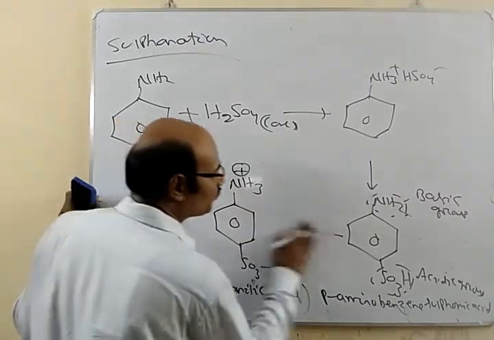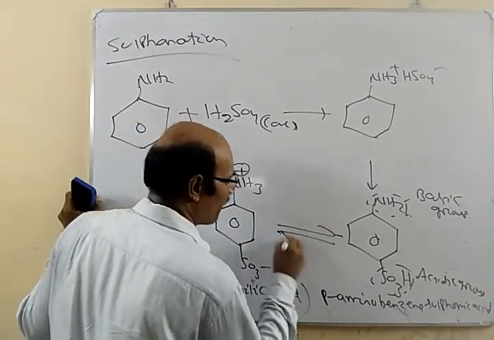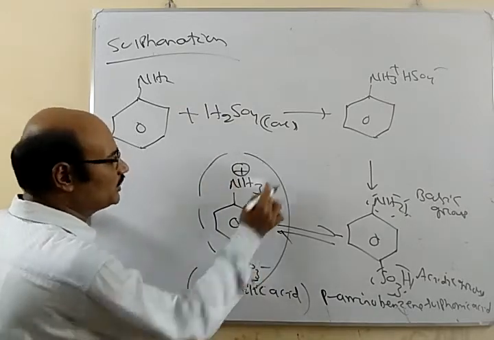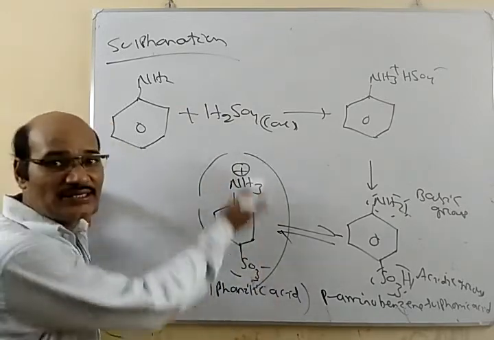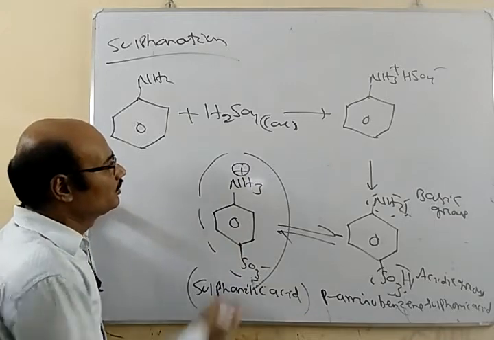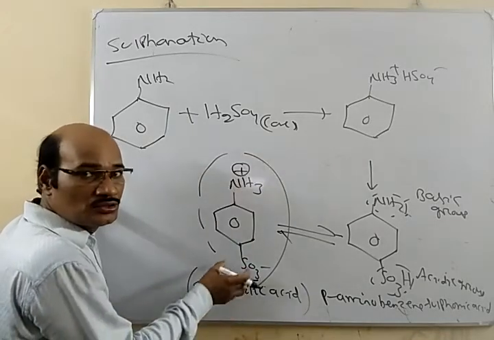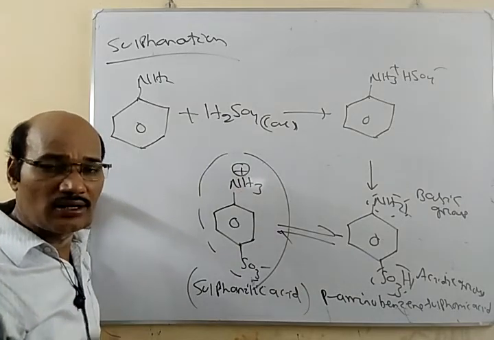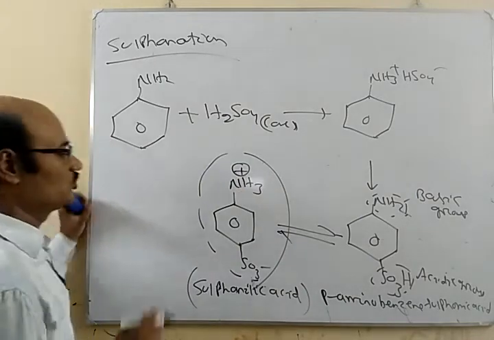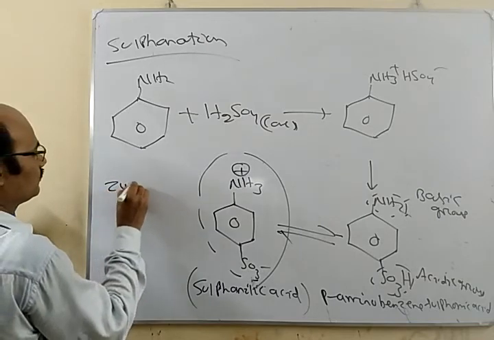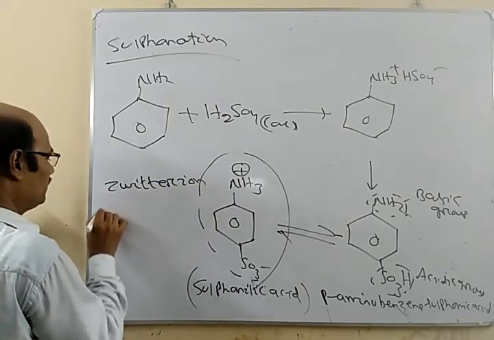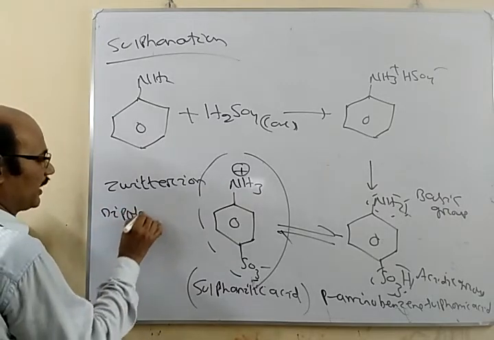And there is an equilibrium. Such a molecule which contains two charges in the same molecule, plus and minus, such an ion is called a dipolar ion or zwitterion.